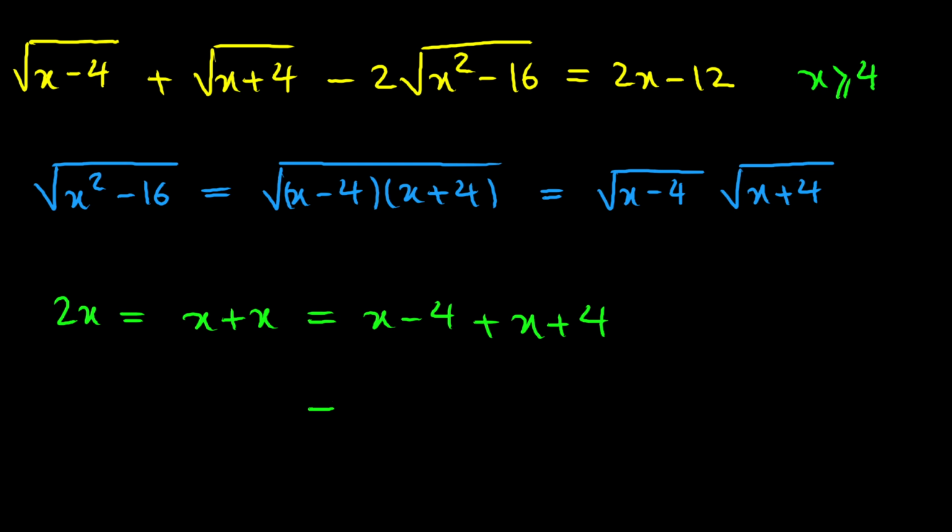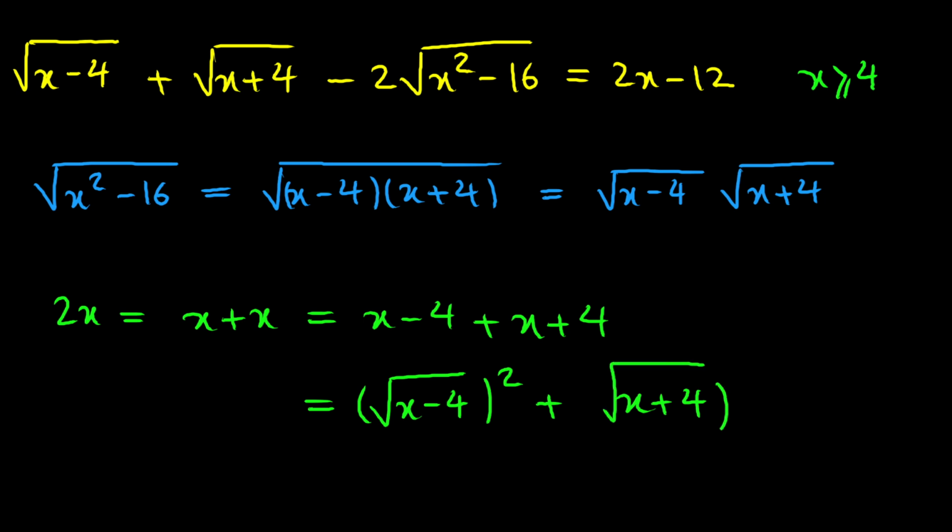Now, notice that x minus 4 can be written as the square root of x minus 4 squared, and the same thing is true for x plus 4. So we can say that 2x is the sum of their squares. So we have their sum, their product, and the sum of their squares in our equation.